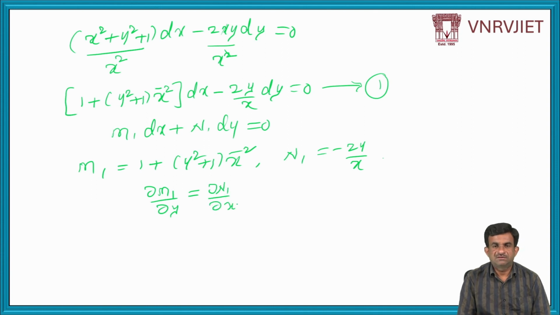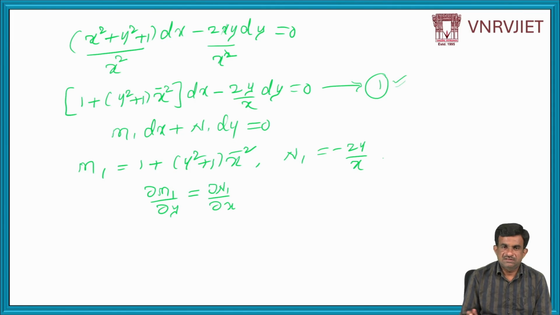In the previous class also I explained the use of integrating factors to make the given differential equation exact. After multiplying the given differential equation, equation 1 simplified to this form, so definitely equation 1 becomes exact. That is, dou M1 by dou y and dou N1 by dou x for this differential equation will be the same.